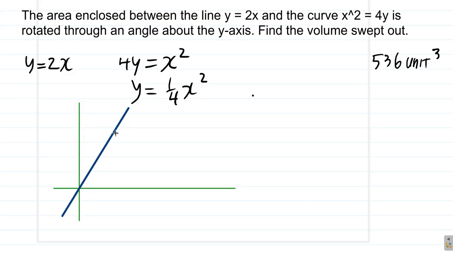Then y equals a quarter x squared would have the same general shape as y equals x squared. It's just the general shape that we want.